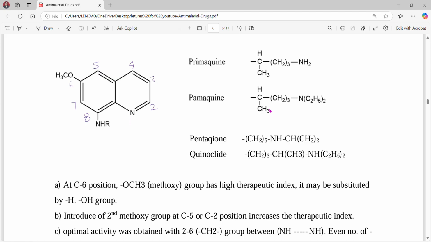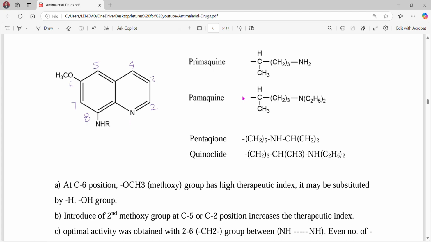That means no doubt they have less activity against the erythrocytic parasite, but they have gametocidal activity as well as activity against the erythrocytic phase to some extent. Obviously, if used alone, they can only be used for prophylactic purposes as an antimalarial drug.